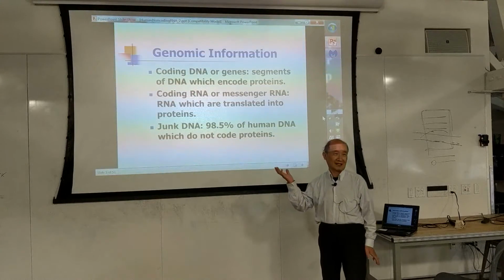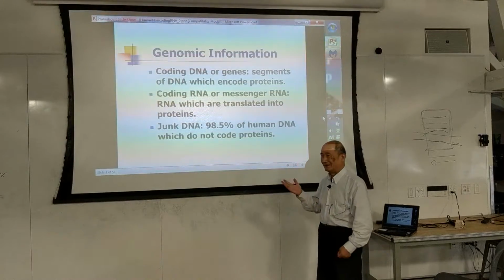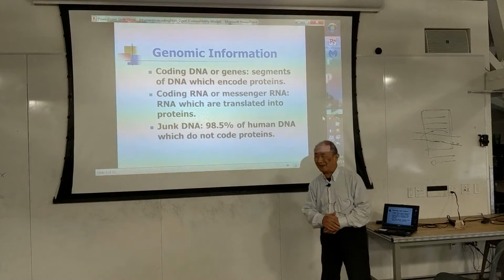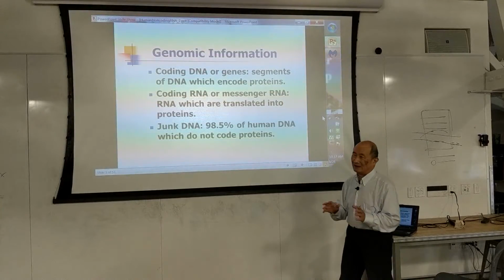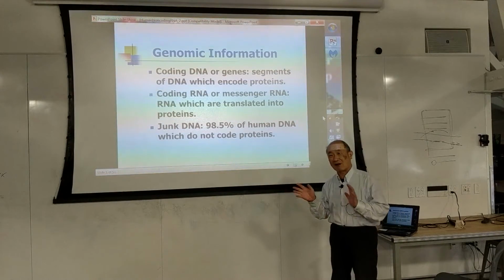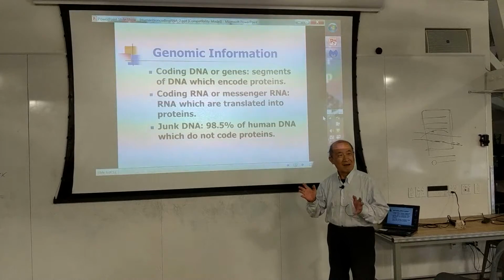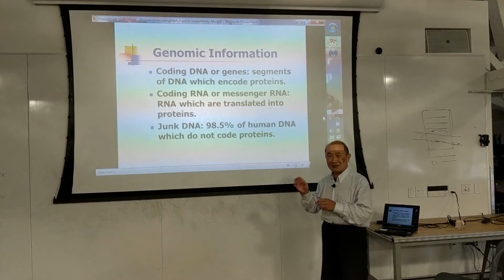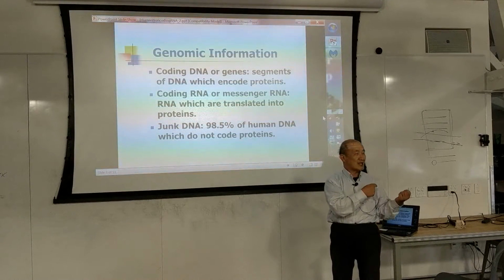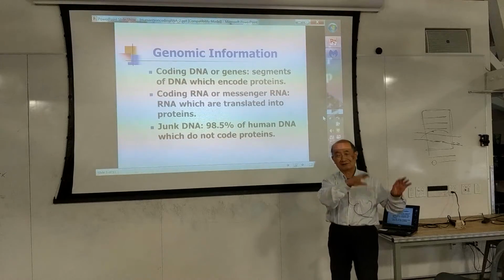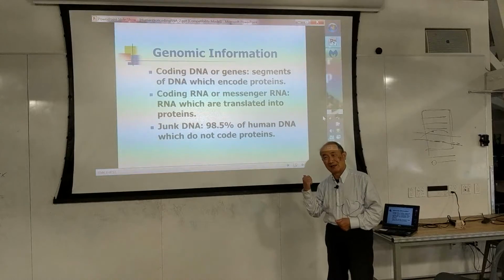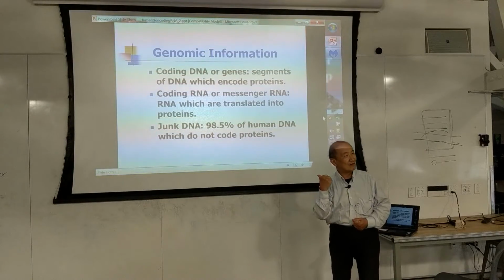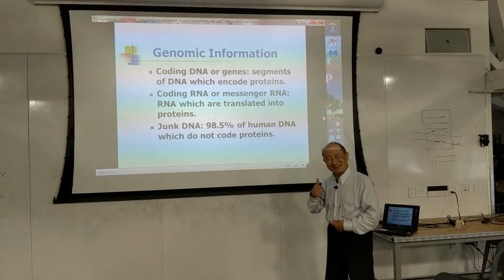So they are junk, but junk is different from garbage. Garbage is things that you throw into the garbage can to be recycled or just get rid of. But junk is something that you save in your garage, and you say, oh, maybe sometime I'll use it for something. That's junk.